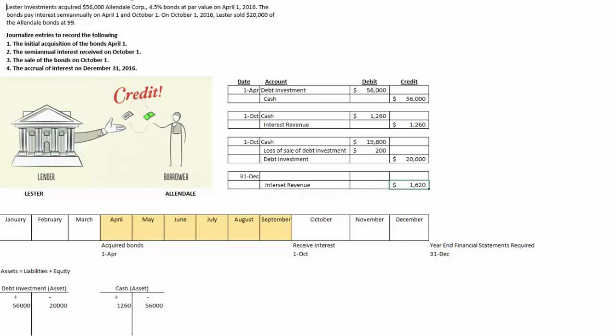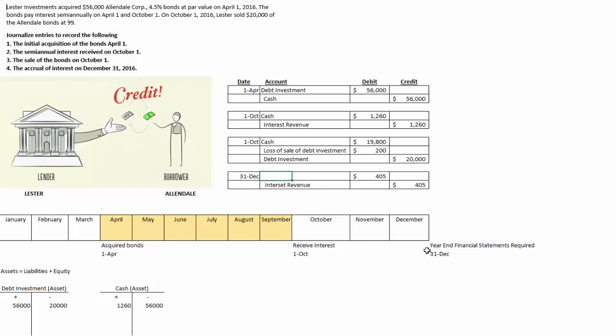But we know we don't want an annual amount because it's only 3 months that passed, not 12. We could divide this by 12, and that would tell us it's $135 for 1 month's worth of interest. I want more than 1 month, I want 3 months. So I take that 135 times 3, and I need to record $405 of interest revenue.